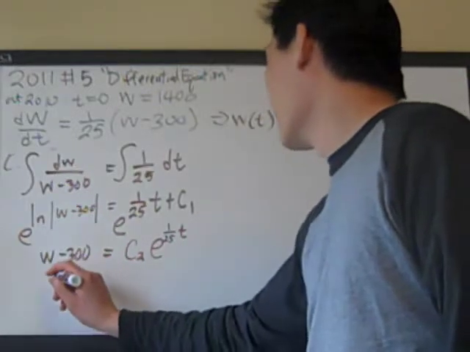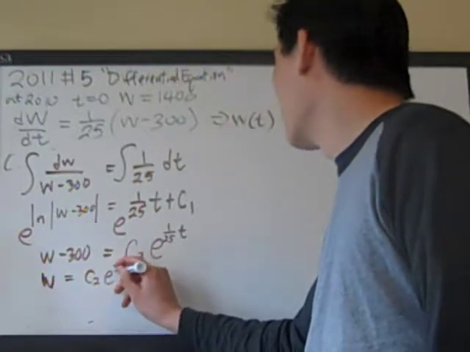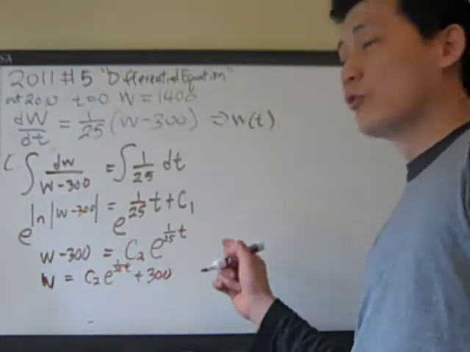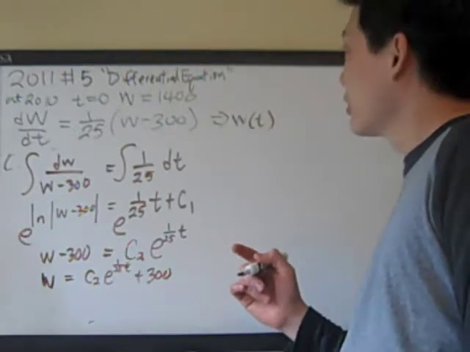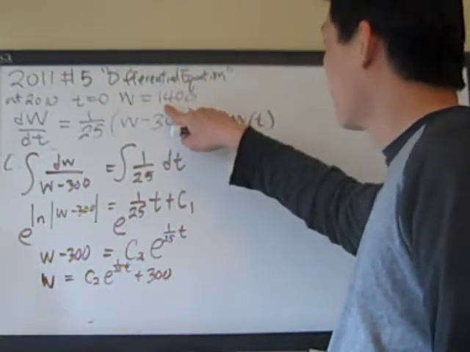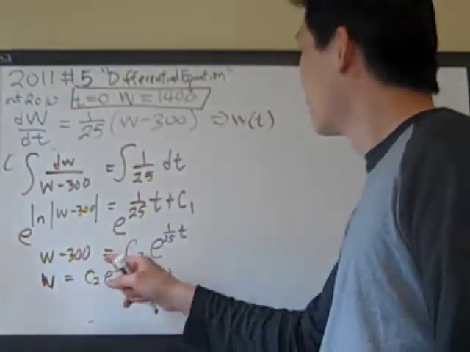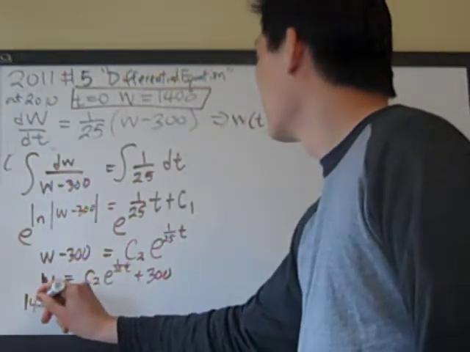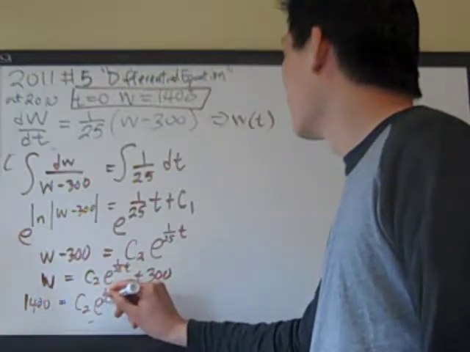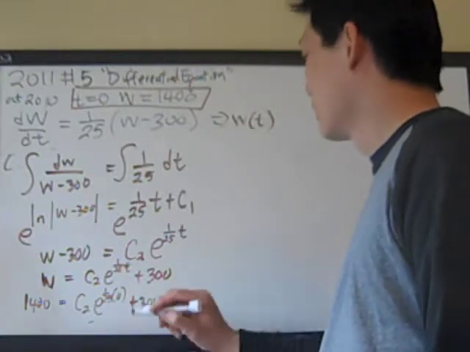Now we have a very simple problem. w is equal to C2 e^(t/25) plus 300. This is our general equation. We want to find a particular equation where at t equal to 0, w is equal to 1400. We can just put that in here: 1400 equals C2 times e^(0) plus 300.